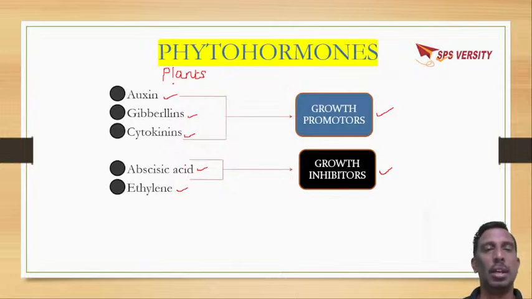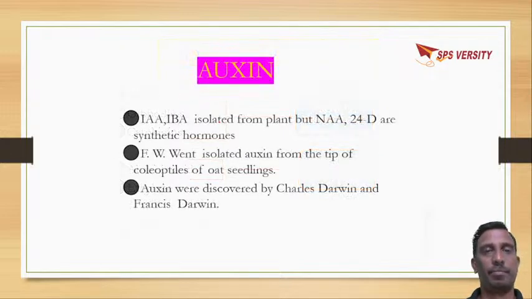There are majorly 5 phytohormones: auxins, gibberellins, cytokinins, abscisic acid, ethylene. ये ऑक्सिन्स, जिबरलिन्स, साइटोकाइनिन्स ग्रोथ प्रोमोटर्स में आता है. एब्सिसिक एसिड और इथिलीन ग्रोथ इनहिबिटर्स में आता है. पहले हम डिस्कस करेंगे ऑक्सिन्स की बारे में.